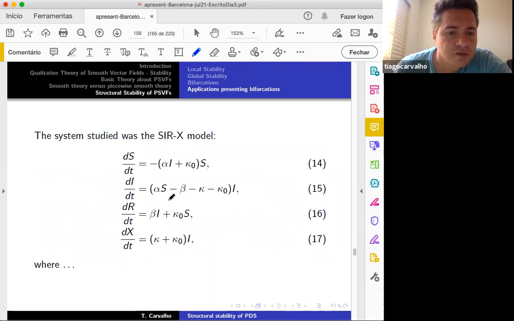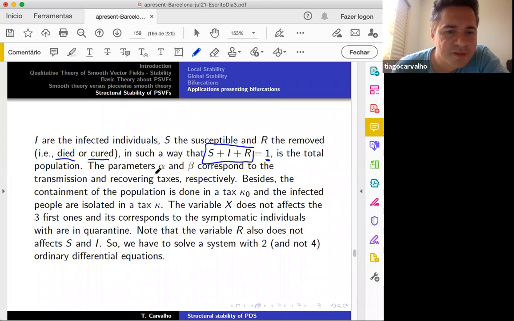Well, so we will study the variation of these variables. The parameters alpha and beta correspond to the transmission and the recovering rates. Moreover, the containment of the population is done by a tax kappa 0.